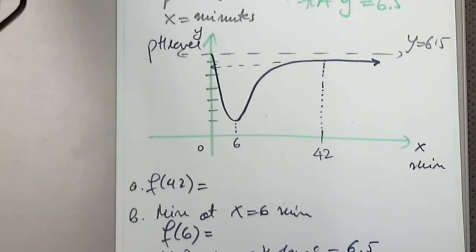Use the graph to describe what happens. I take sugar, my pH level is 6.5, 6 minutes later it has dropped to, let's say, 1, we didn't determine it, and then eventually, assuming I stopped eating sugar and just took one piece, it will get back to normal.